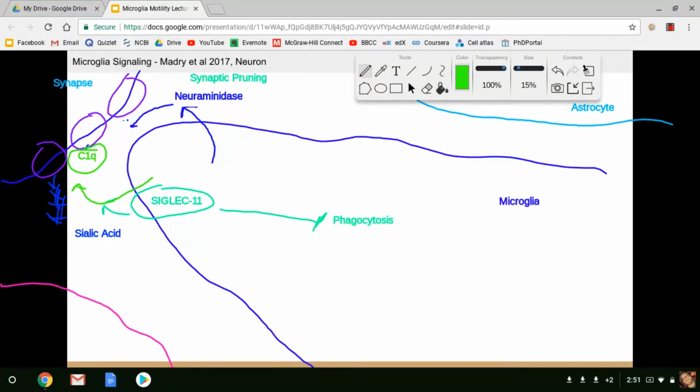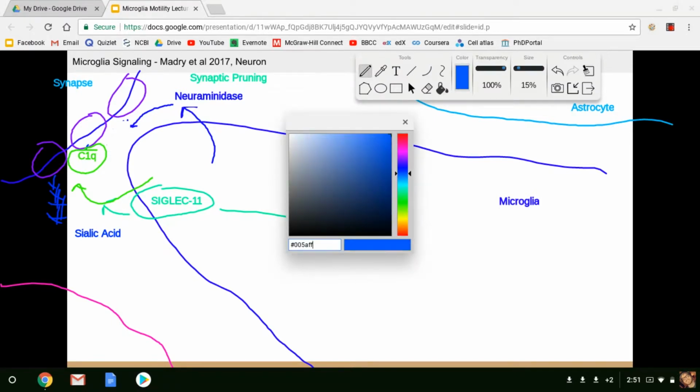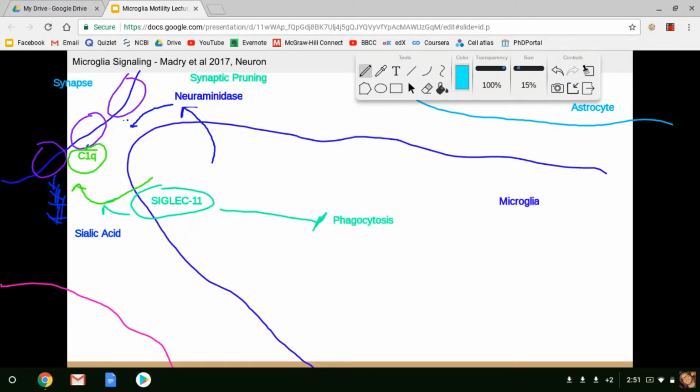And if they find a desialylated synapse, it will bind to that receptor. And C1q itself is a receptor for this protein called C3. C3 binds to C1q that has bound to a desialylated synapse receptor.